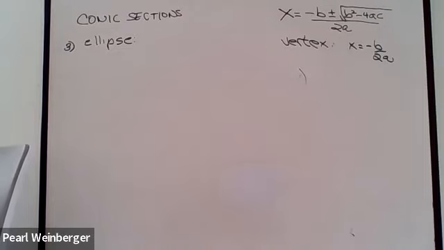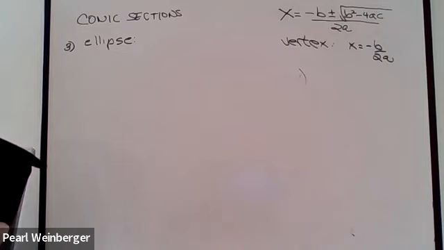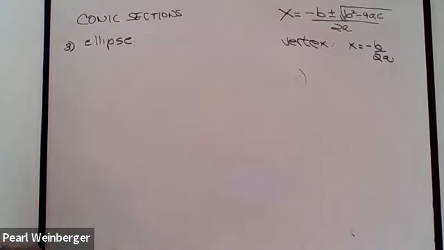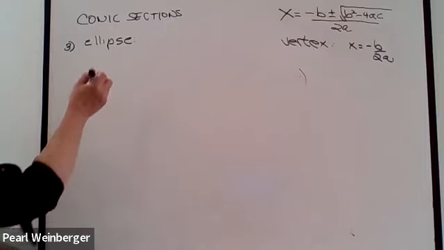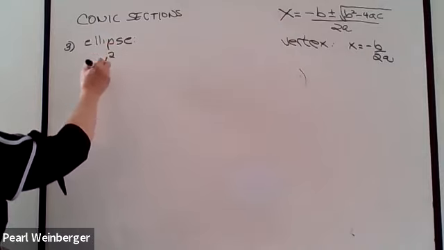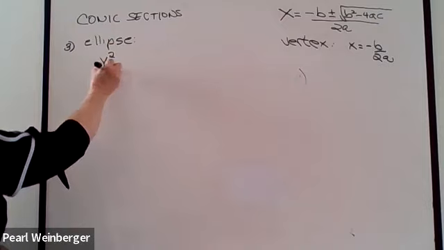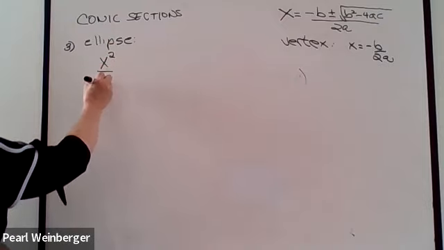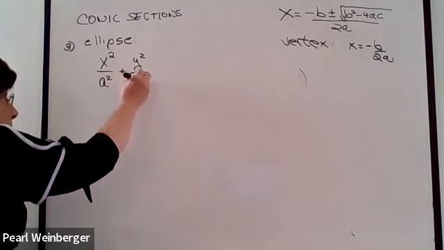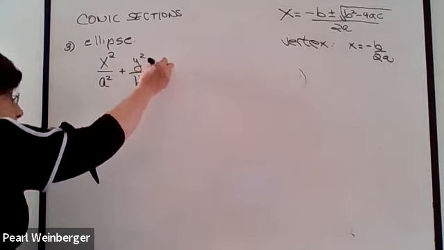I'm going to give you the basic equation, and I'm going to discuss how we go about graphing it, and we'll talk about the shape of the ellipse. The standard equation of an ellipse is something like this: x squared over a squared plus y squared over b squared equals 1.